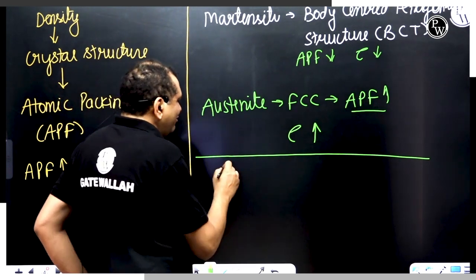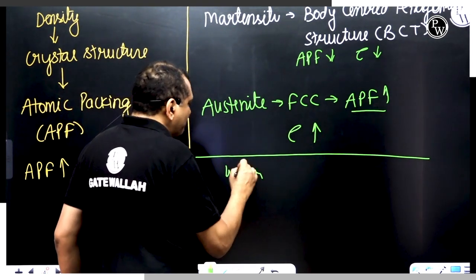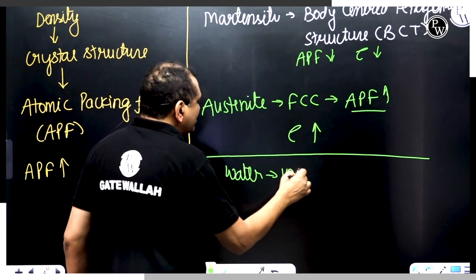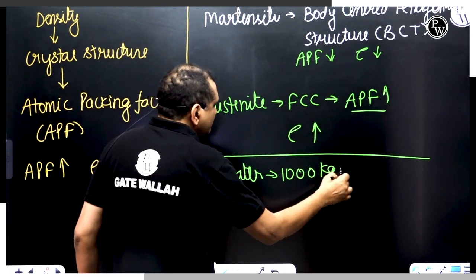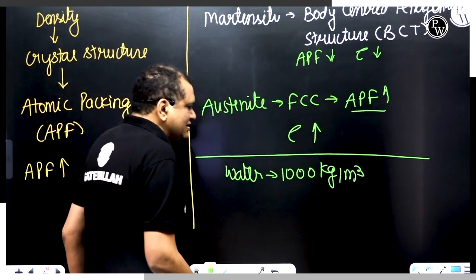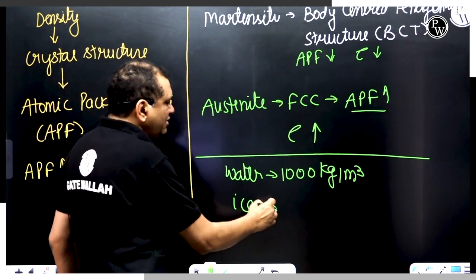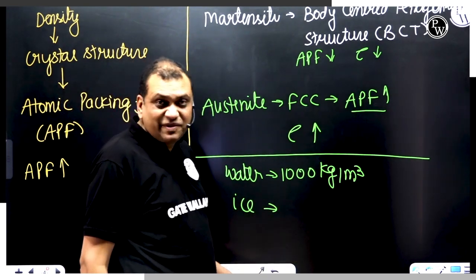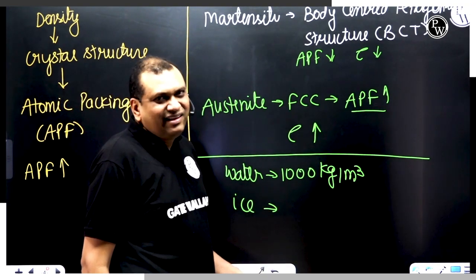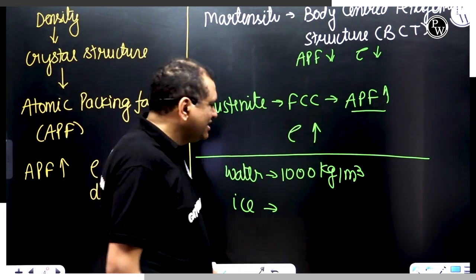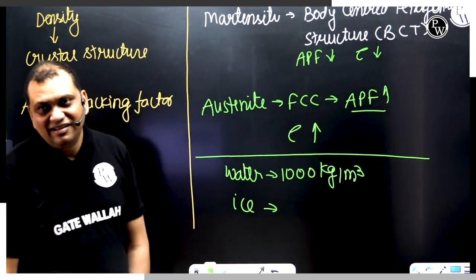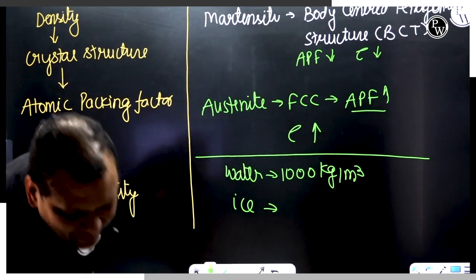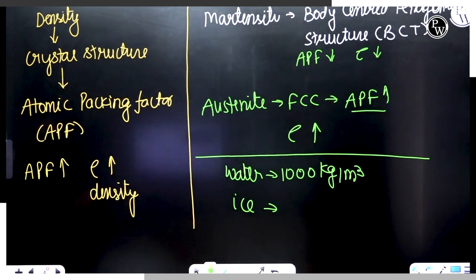Because water has a density of 1000 kilograms per meter cube, and ice has a lower density.